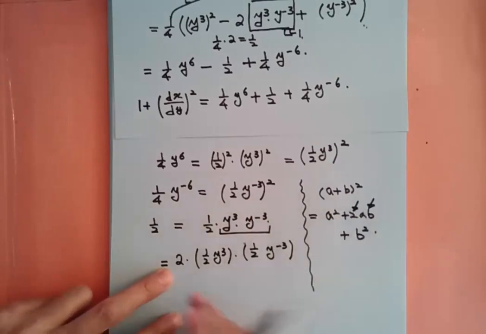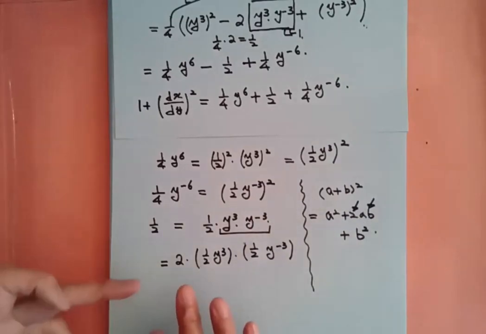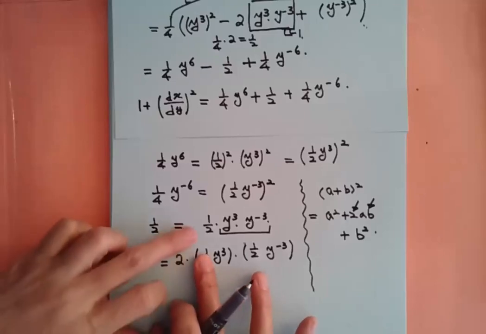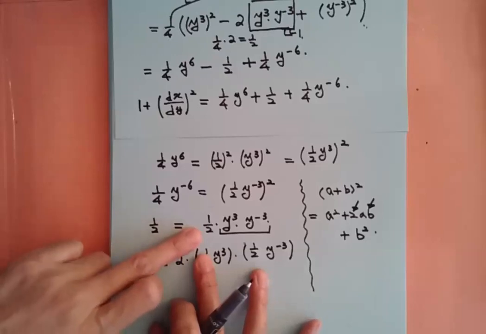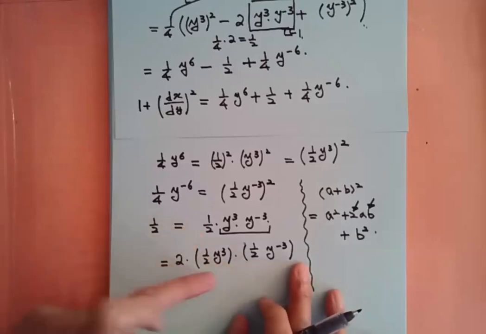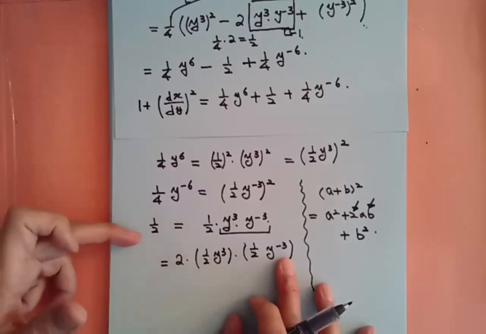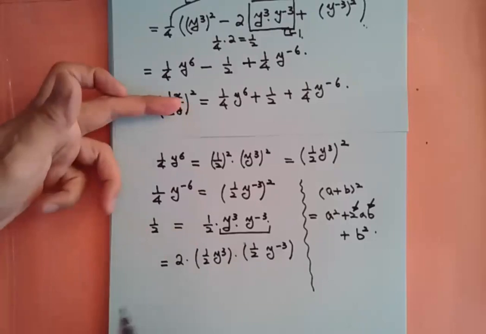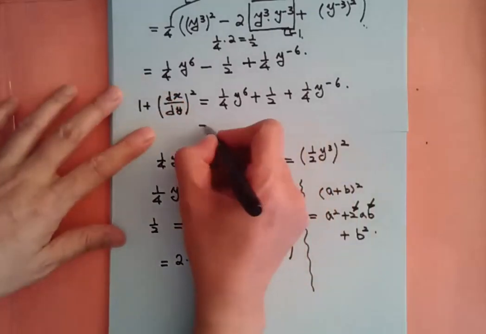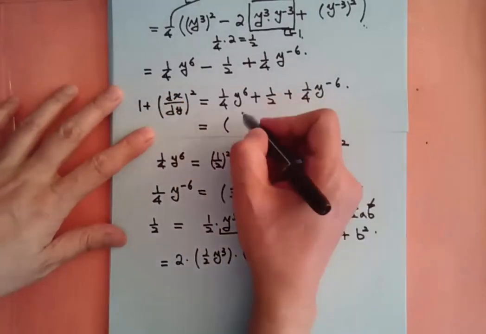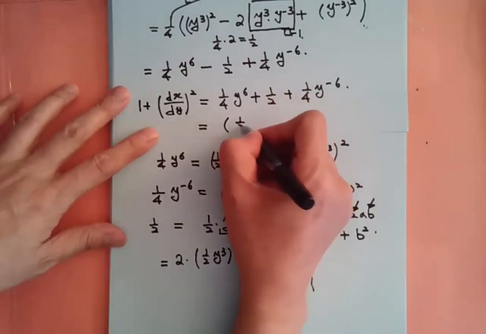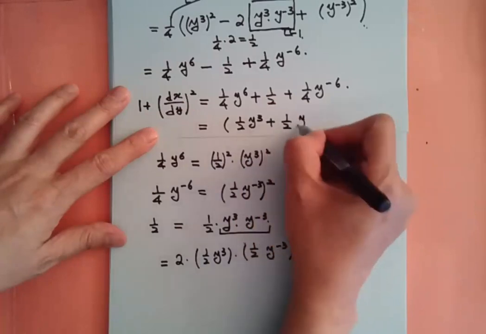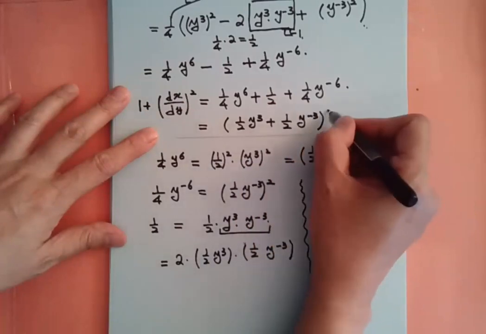When you go back here, these two will cancel each other, and 1/2 remains here. And so all I'm saying is that this can be decomposed into (1 over 2 y cubed plus 1 over 2 y to the negative 3 power) squared.